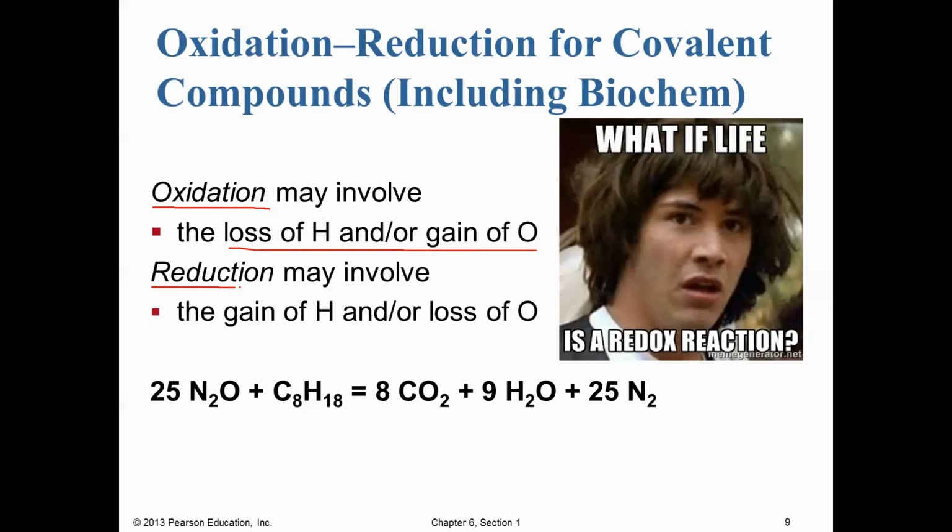And reduction we can often identify in biochemistry or in covalent compounds as gain of hydrogen and/or loss of oxygen. And so we have an example down here where our nitrogen, in this case, is actually losing oxygen, so that's going to be reduced. So we have our N2O that's losing oxygen, so that's being reduced.